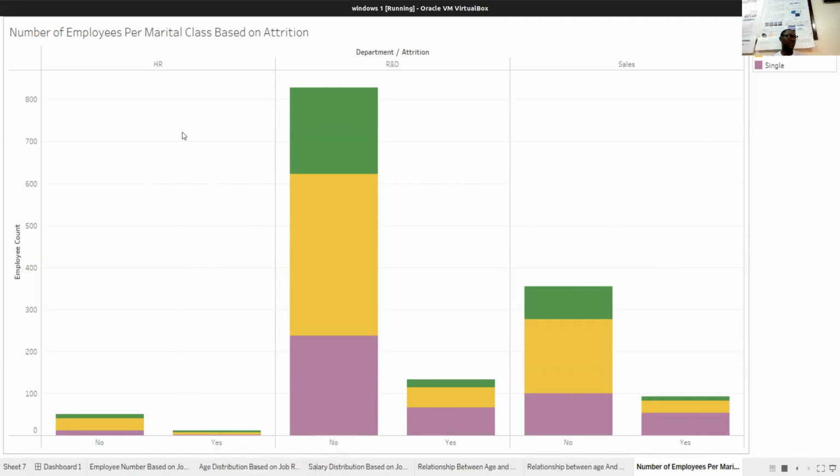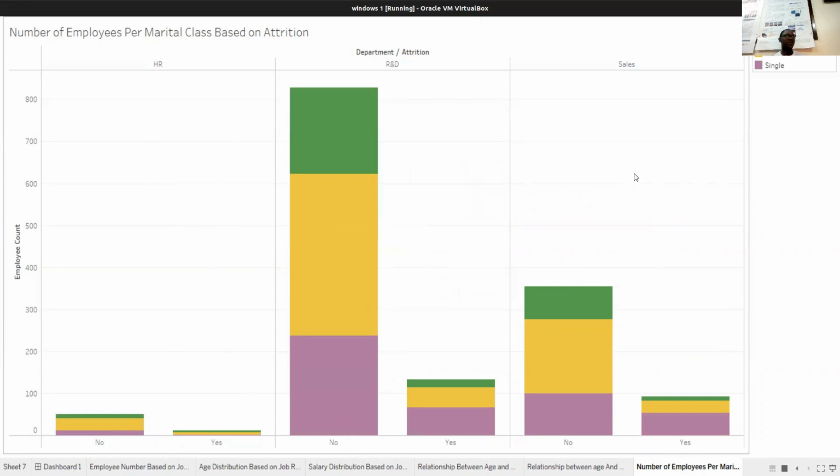So we saw that for HR, most of the churners were people that were much younger in age. So one would expect that probably the younger people are single, but it looks different here. It looks like the people that are churning in this department are the ones that are married and or divorced. So it would be interesting to investigate that.